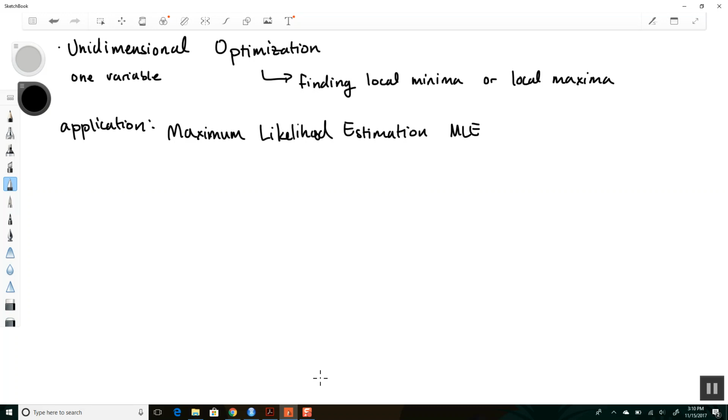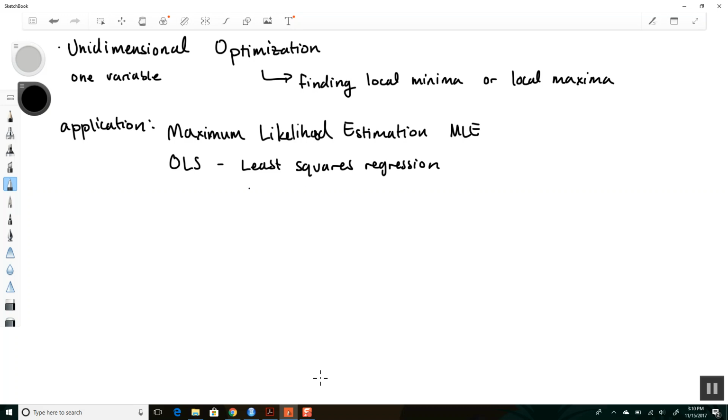Okay, what about minimizing something? Something where you want to find the smallest or the least amount of something. Yes, OLS, ordinary least squares regression. So this would be something like least squares regression.